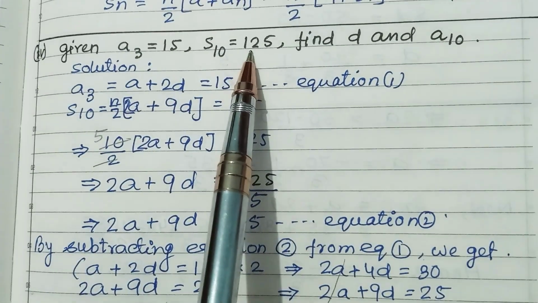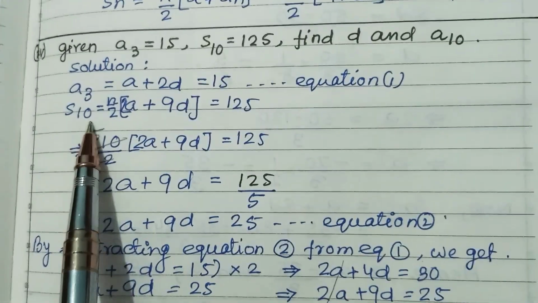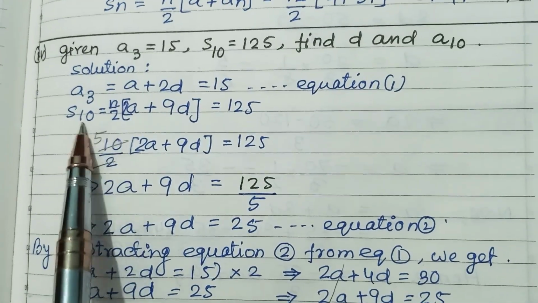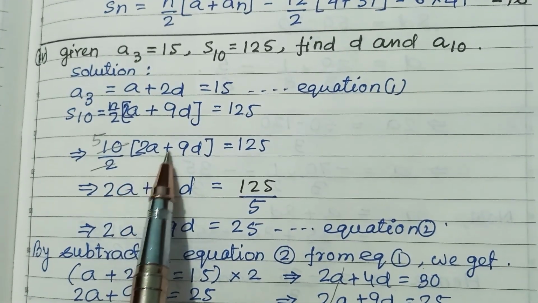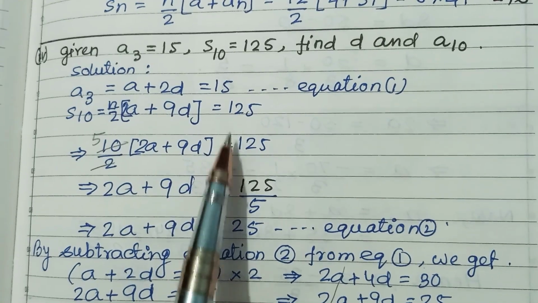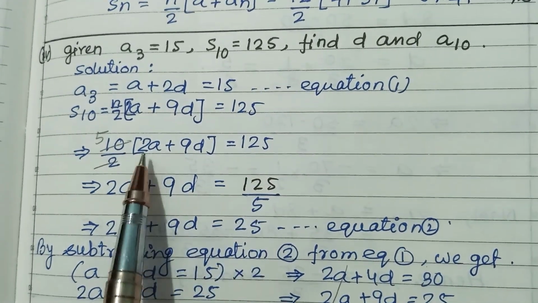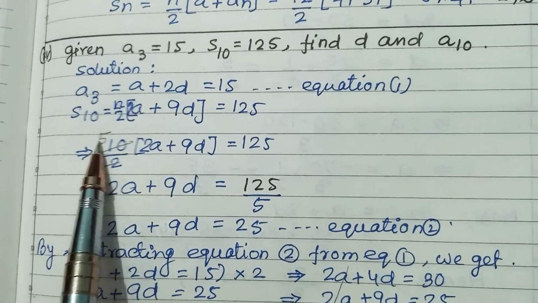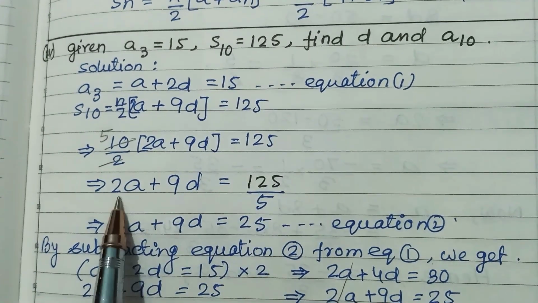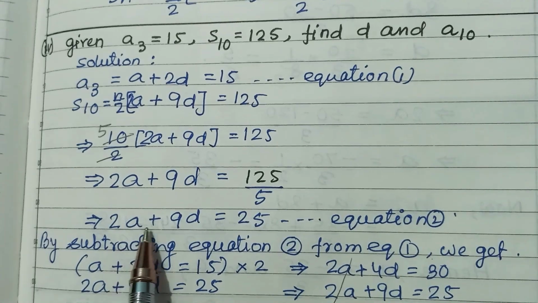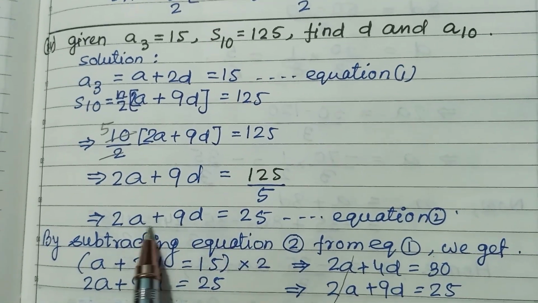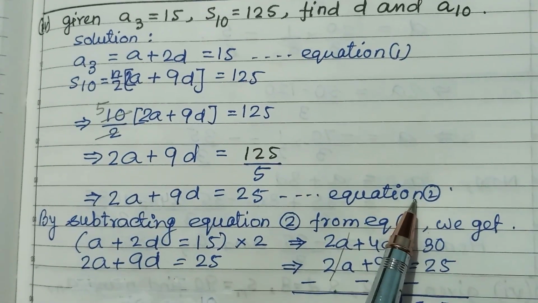Another one, s10 is equal to 125. s10 is equal to n upon 2, 10 upon 2, into 2a plus 9d, is equal to 125. Now here it is 5, so 5 should be shifted to this side. It is 2a plus 9d is equal to 125 upon 5, that is 2a plus 9d is equal to 25. It is another equation, the second equation.